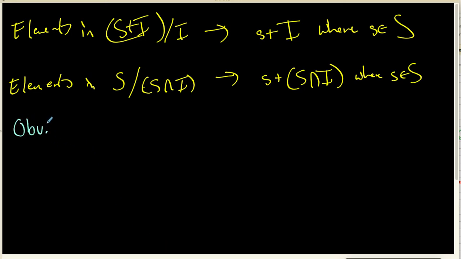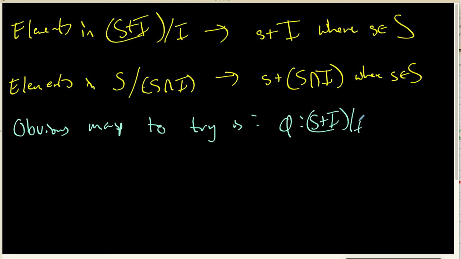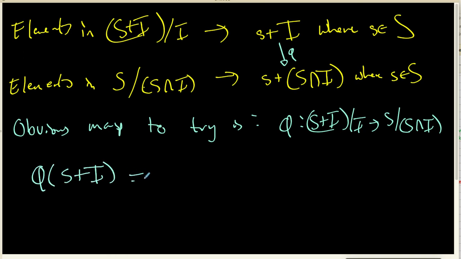The obvious map to try is, let's call it phi, and phi is going to go from S plus I mod I to S mod S intersect I, and it's given by sending s plus I to s plus S intersect I. So the obvious map to try is phi should send s plus I to s plus S intersect I.